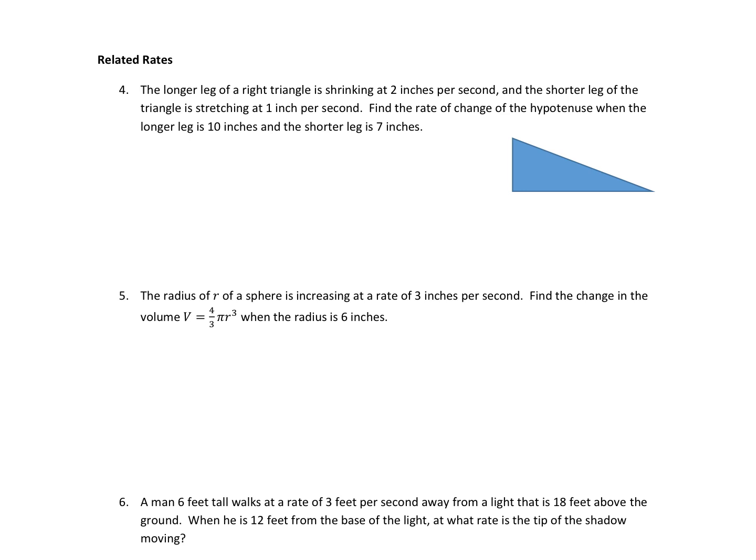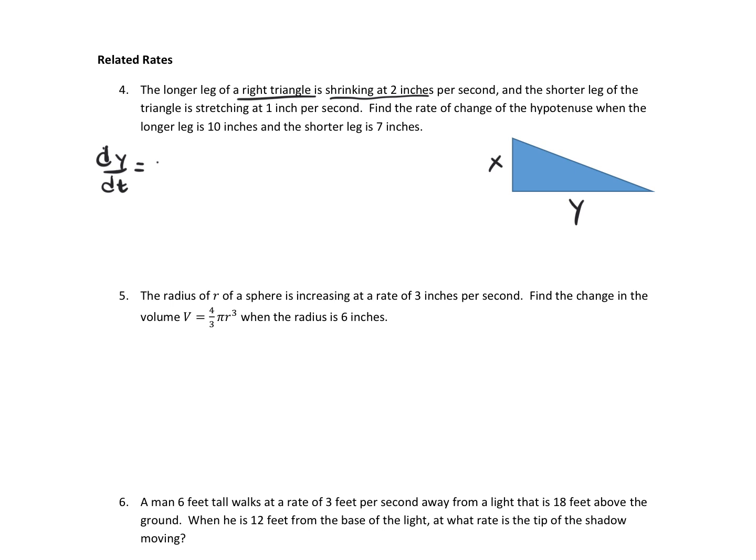All right, so what do we got here? We've got a right triangle, so we got the longer leg of a right triangle, and it's shrinking at 2 inches per second. All right, so let's get some labels here. We've got maybe x, y. And so if x and y, we know that y is shrinking. So that's dy/dt.